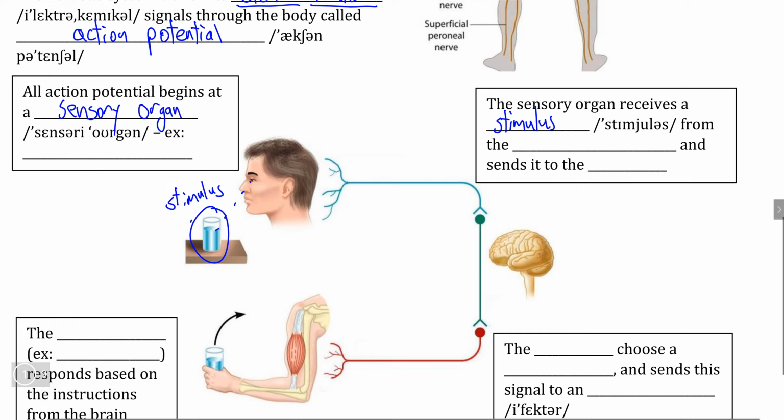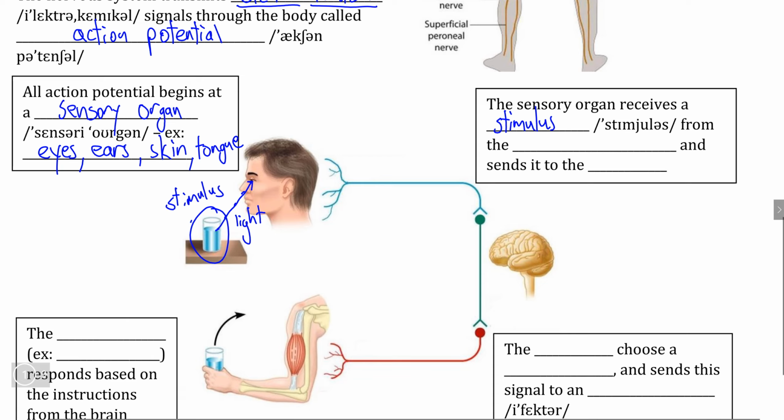Now, this human here seeing the glass of water is obviously using their eyes as an example of a sensory organ, but obviously the ears for sound, the skin for touch, or even the tongue for taste are all examples of sensory organs. In this case, the stimulus is not so much the glass of water specifically, but the light that reflects off the glass of water and enters the human eye in order to stimulate it, hence the term stimulus.